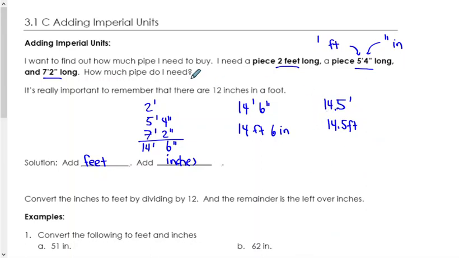If you're going to go buy pipe from a store, you have to think of the context. You're not going to go in there and say, hey, I need 174 inches of pipe. That's not going to be something you're normally going to do. You would probably have it in feet. So I would need 14.5 feet of pipe.